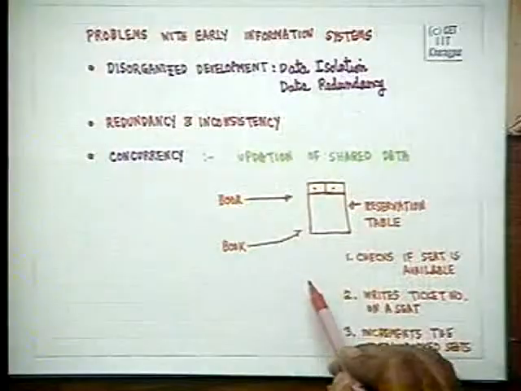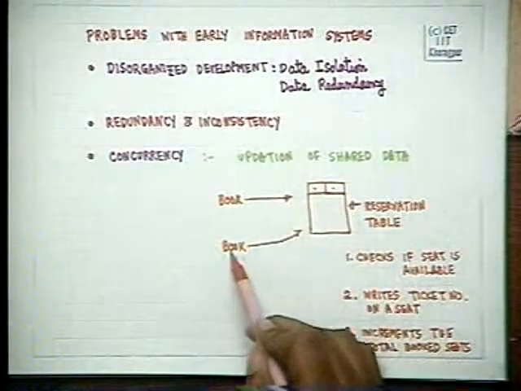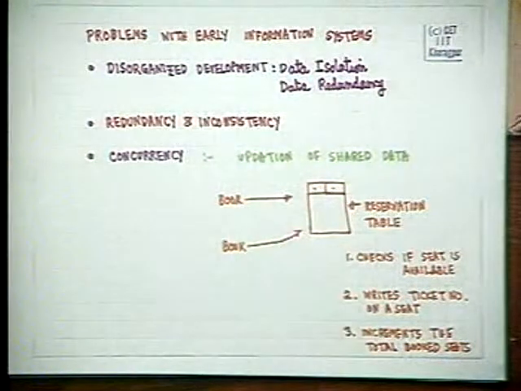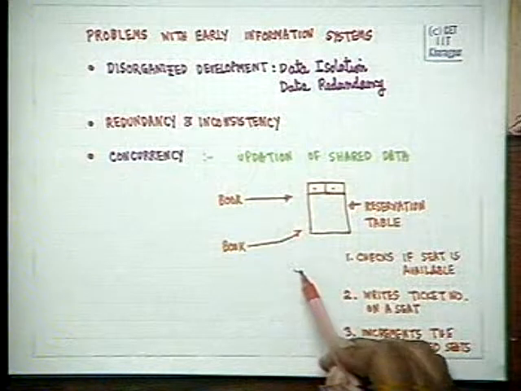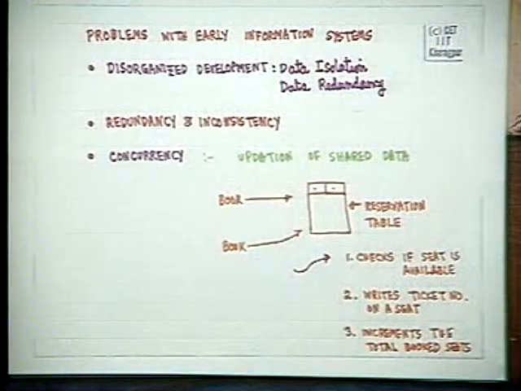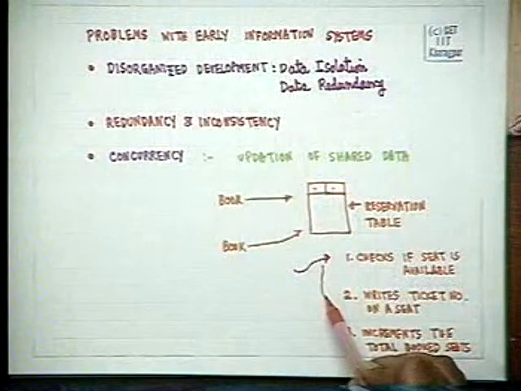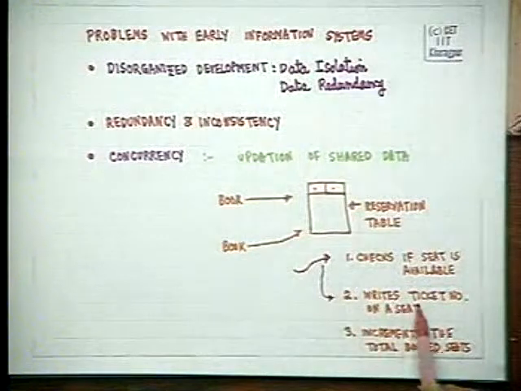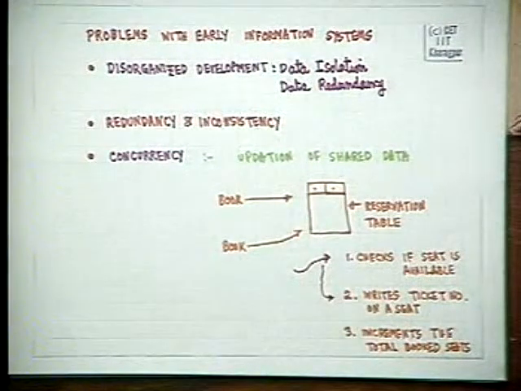I will give you an example. Two people have concurrently accessed this. One person checks this and finds seat is available. At a particular point of time, he checks that seat is available, and he goes and writes down, on the seat number, say 21, his own ticket number.